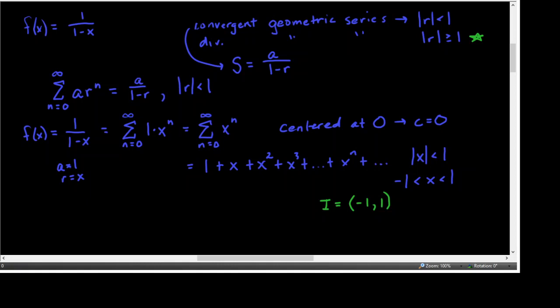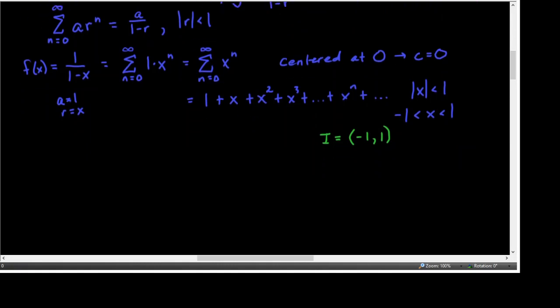So we never ever have to check the endpoints when we treat it as a geometric series. So that's gone. Don't worry about it. We do not have to check that out when it's geometric. Okay, so this is a good kind because you don't have to check those endpoints.